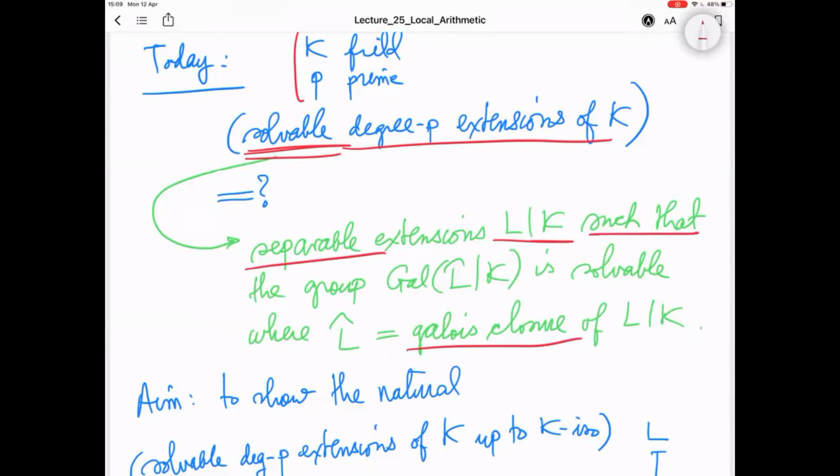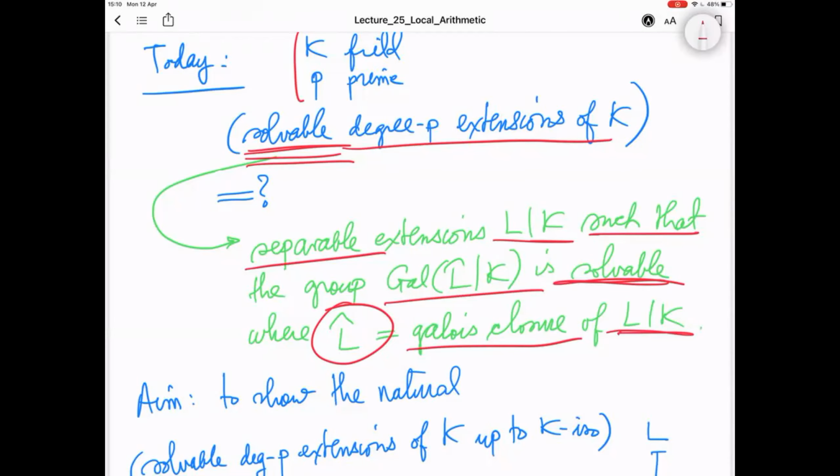Let me call it L hat in this case. So when I take the Galois closure, I get a Galois group, the Galois group of L hat over K. And the condition for the extension to be solvable is that this Galois group should be solvable.